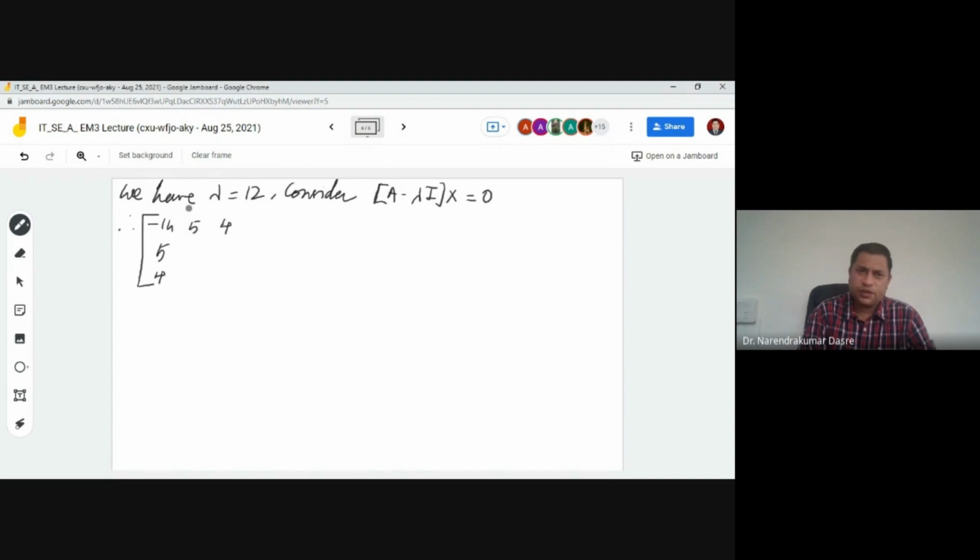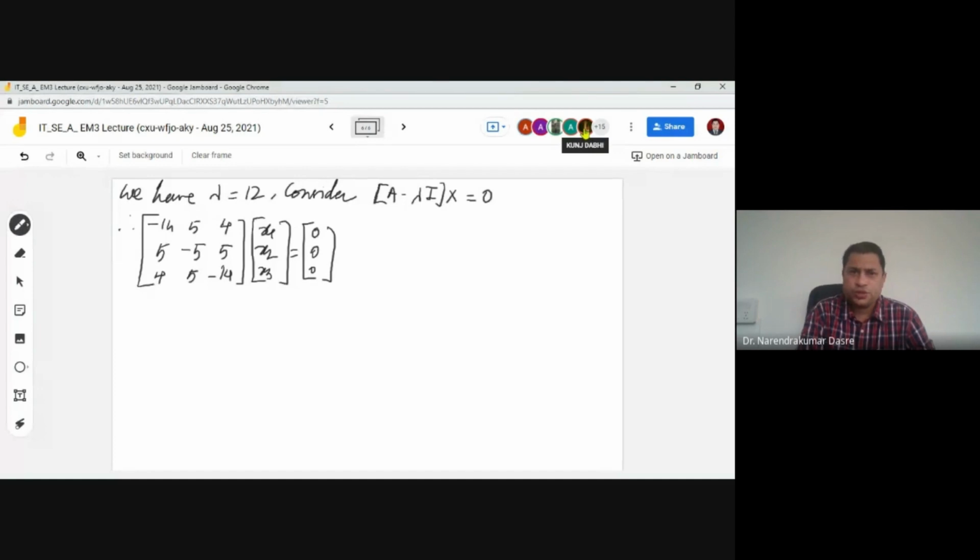Be sure that it will affect only the diagonal elements. Then this will be minus 5, 5, and you'll be having 5, and this is again going to be minus 14. Into x1, x2, x3, and this is equal to 0, 0, 0.